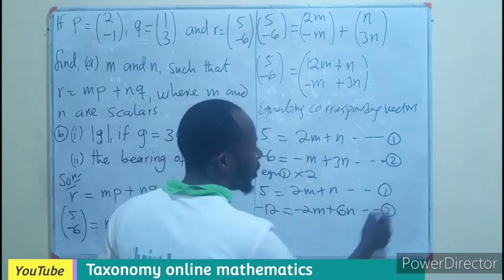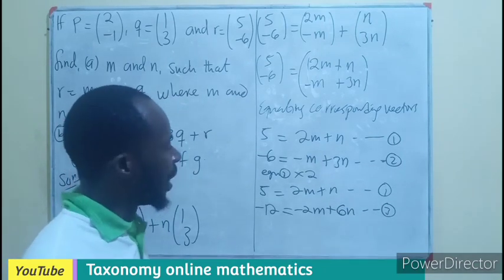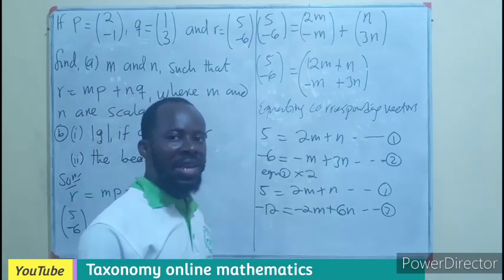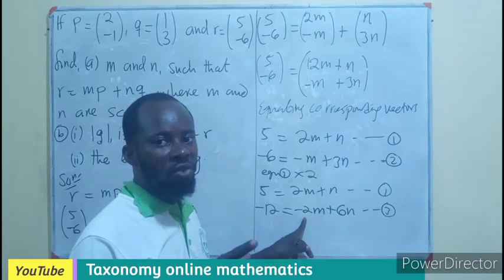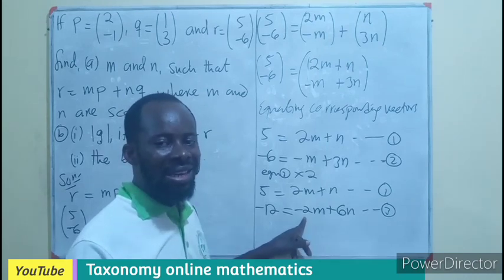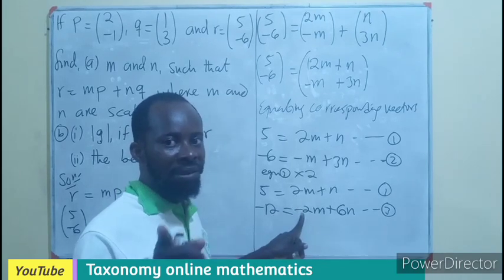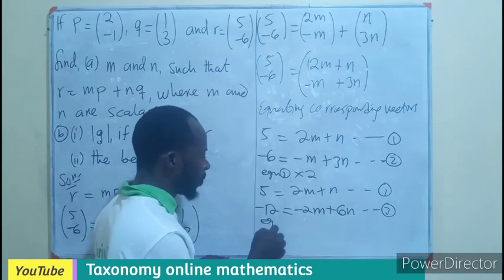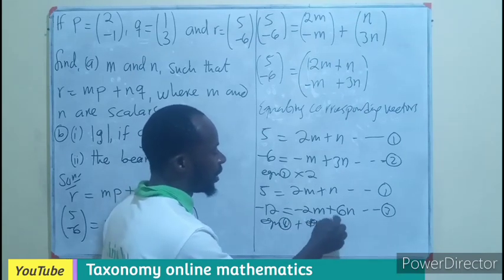That becomes equation 3. I want to eliminate M, and it will be easy to eliminate if they have the same coefficient, 2 and 2. But if the signs of the coefficients are different, I can eliminate by adding. 2 minus 2 will give me 0. So I will have equation 1 plus equation 3.